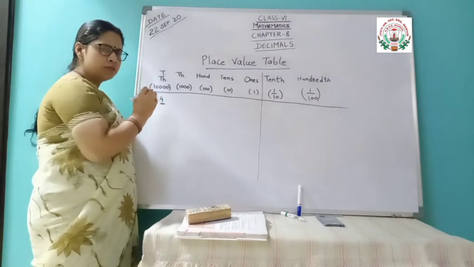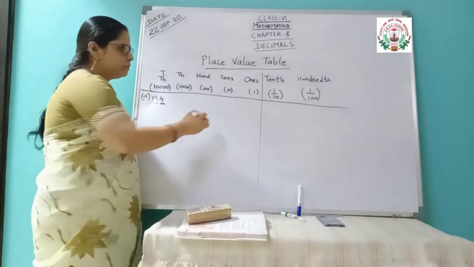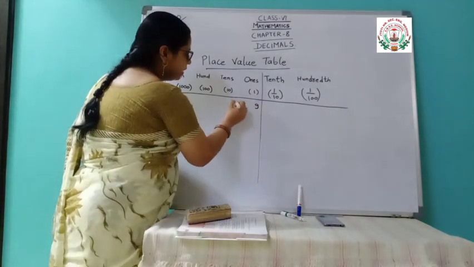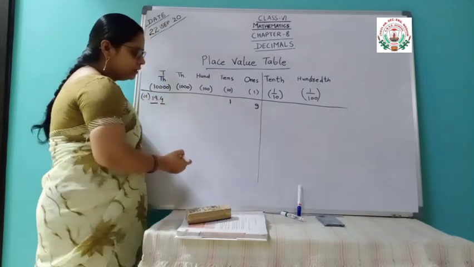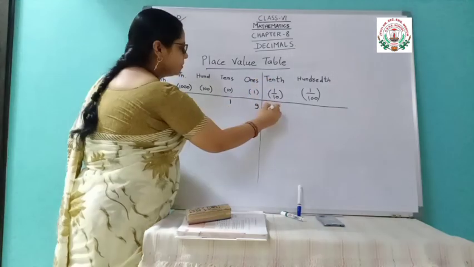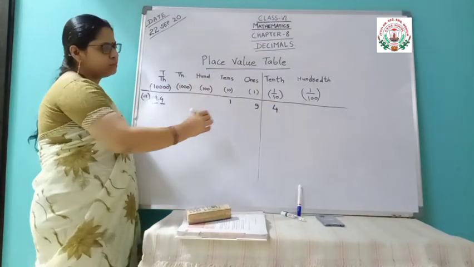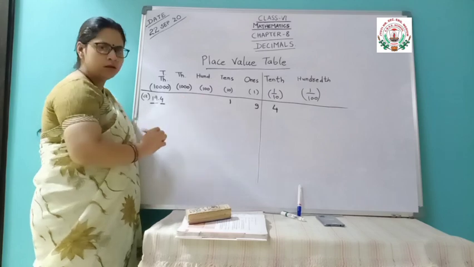So 19 means 1, 9. 9 is in the units place and 1 is in the tens place. So here it will come 9 and here 1. So it becomes 19 and 0.4. 0.4 means it is the first number after the decimal. So in this place value table we are putting the numbers.